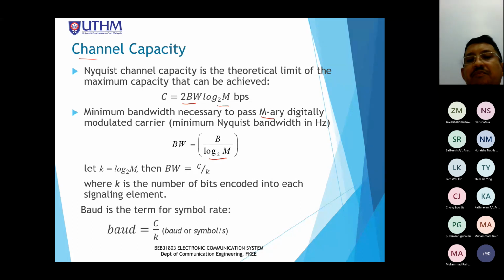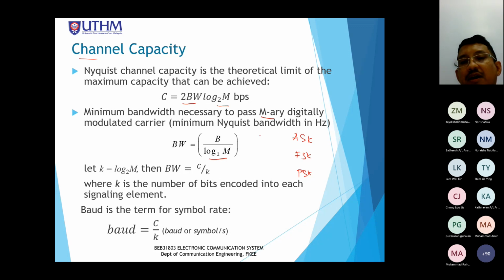What is M-ary actually? It is referring to the number of symbols for each of the modulation techniques. You remember that previously I mentioned ASK, FSK, and also PSK. All of these consist of many variations.